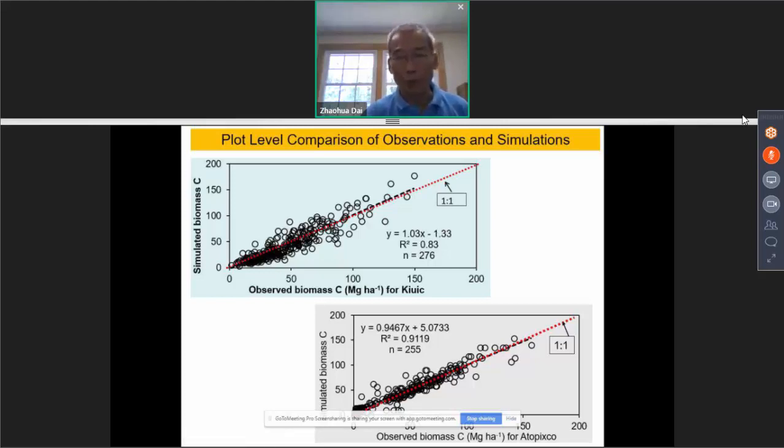That means for plot or subplot level, this model works. This is just for the pixel, and based on that we can find that both sides have a good result from the model.